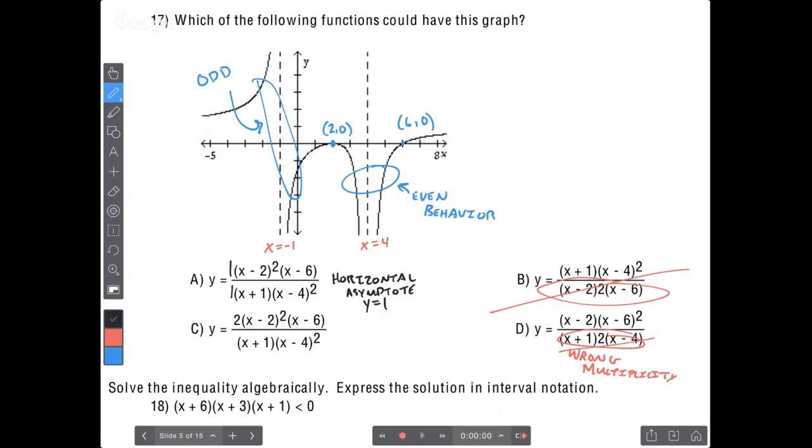And this one should have a horizontal asymptote at y equals 2 because this is in a ratio of 2 to 1. Okay, so which one is it? Is it y equals 1 or y equals 2? Well, I think we can look here and we can say pretty clearly there's not a horizontal asymptote at y equals 2.